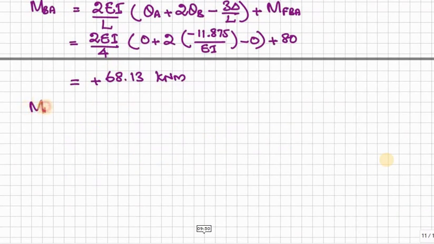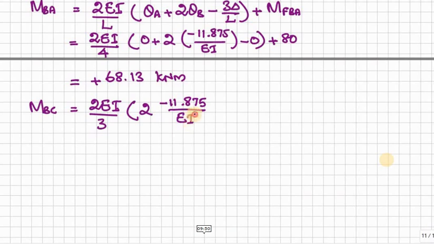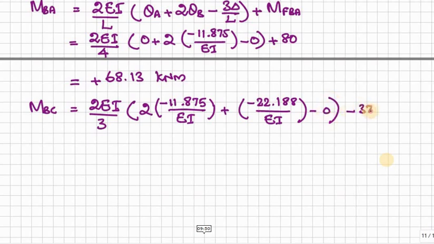Next we can compute MBC, which is equal to 2EI by 3 because L is equal to 3, the length of the BC member, then 2 theta B, where theta B is equal to minus 11.875 by EI, plus theta C. Theta C is nothing but minus 22.188 by EI, minus 0, minus the fixed end moment, that is minus 37.5 kilonewton meter.